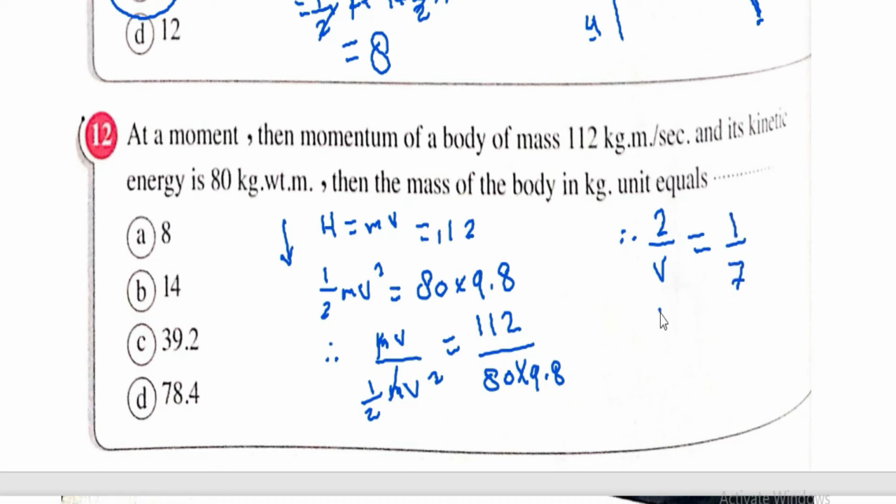This is equation number 1. m times 7 equals 112... m times 14 equals 112. m equals 112 divided by 14 equals 8.